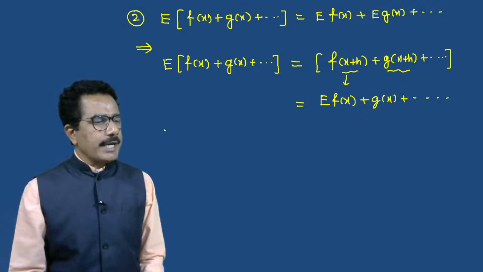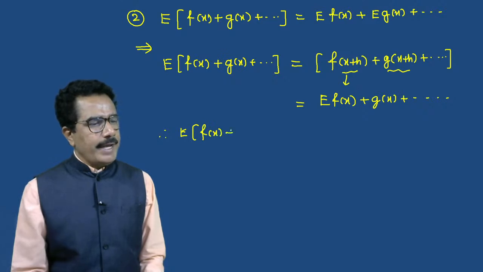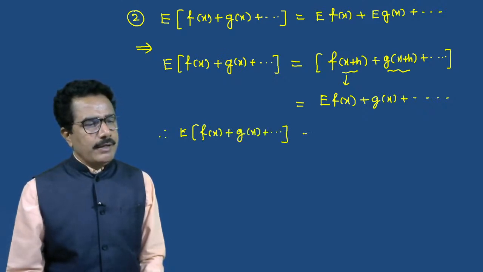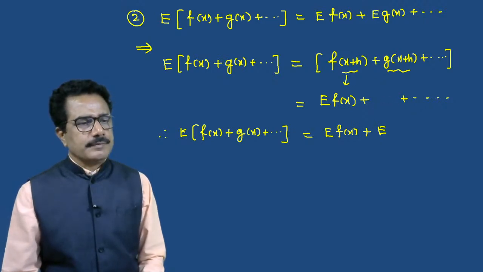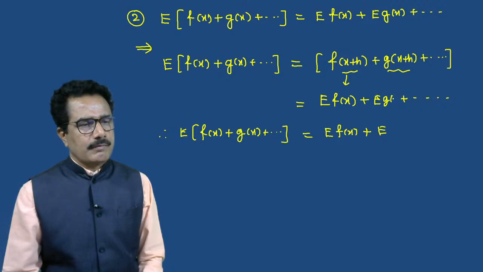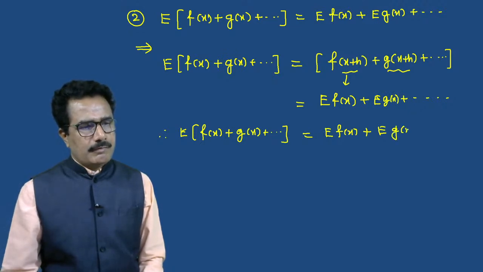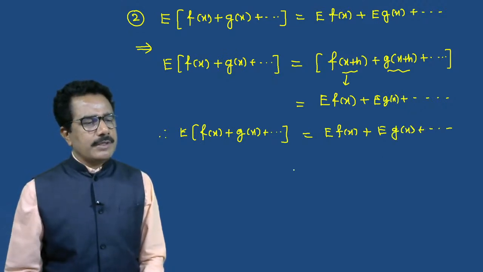In this way we can write E of f of x plus g of x plus dot dot dot, which is equal to E of f of x plus E of g of x plus dot dot dot, and hence proved.